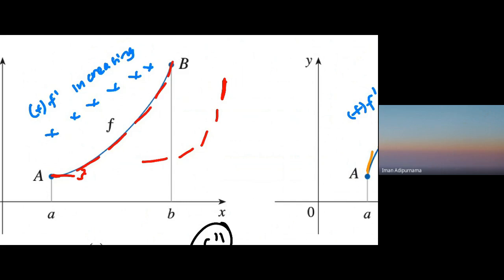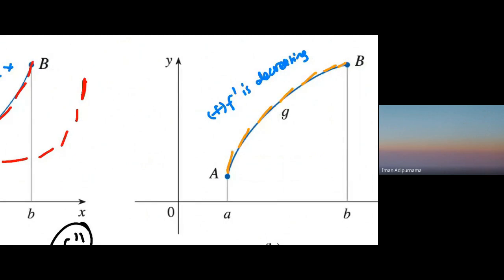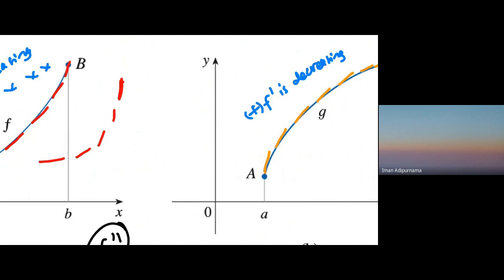And if you see this one here, the tangent, tangent, tangent, the yellow line, you have a gap also, and the yellow line is above. Now we call this concave downward. Upward and downward is just like a bowl.